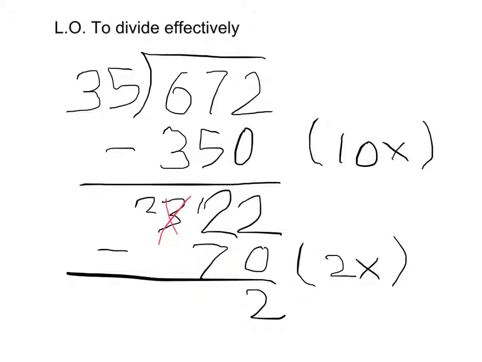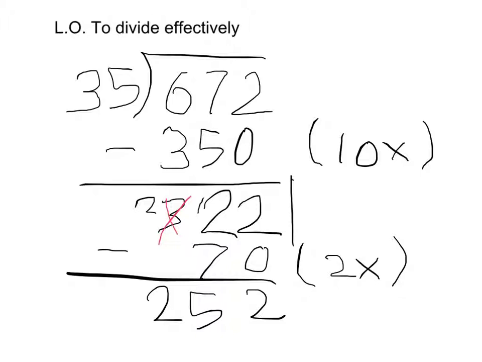Now, that is 5. Now, 2 take away 0 is 2. So I'm left with 252.